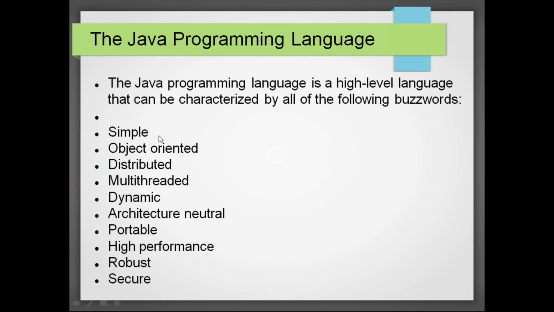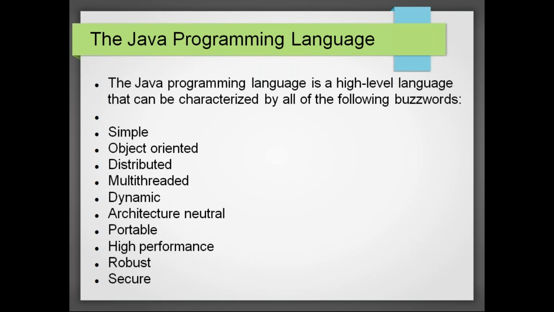We just have to know the syntax, how to create it. The common syntaxes will be followed as they are in C: how we created a data type, conditional statements, looping statements, everything is going to be as in C. The only thing is how we are going to use it in Java. So it is very simple and object oriented.